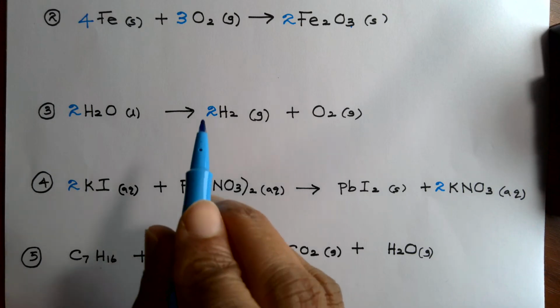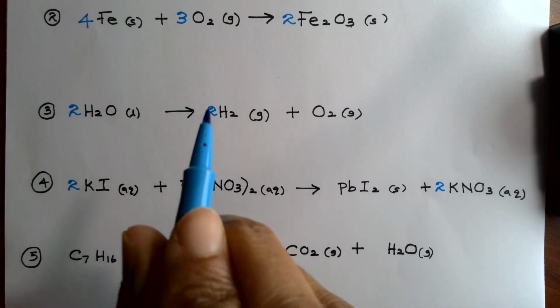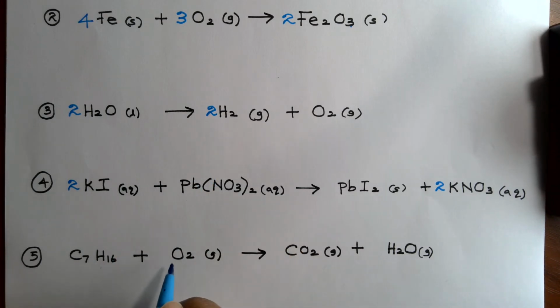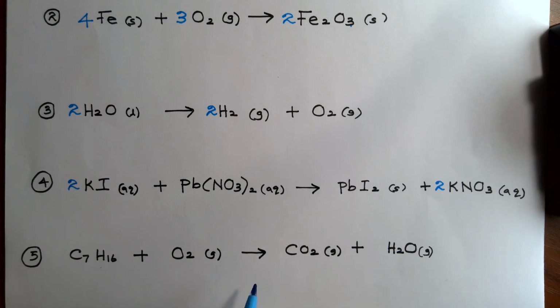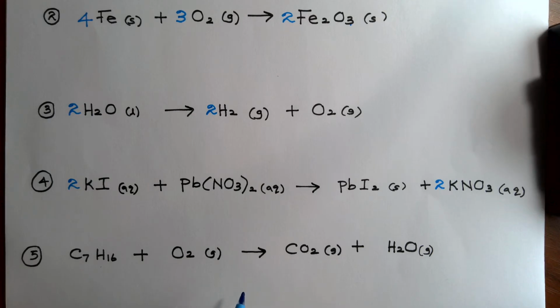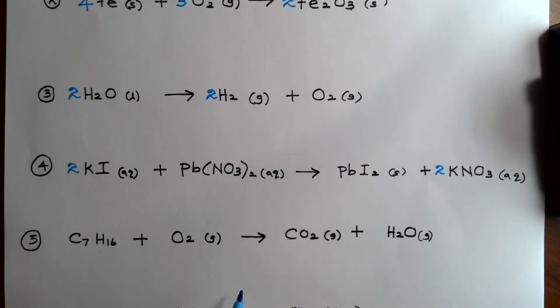Not like other reactions we discussed, in combustion reactions there is a specific pattern we need to follow to balance. If you follow that specific pattern, it is easy to balance this chemical equation. Let's see what the pattern is.